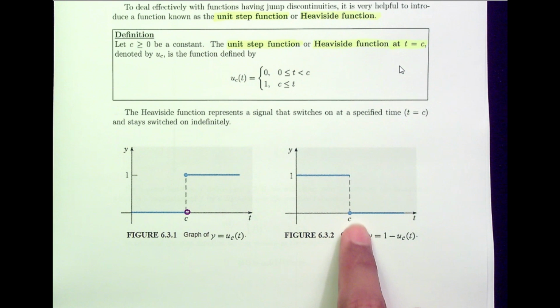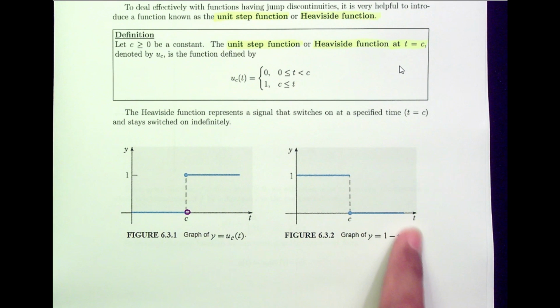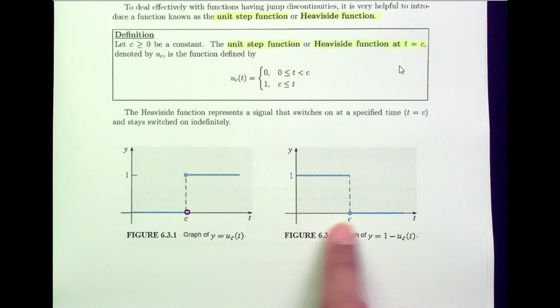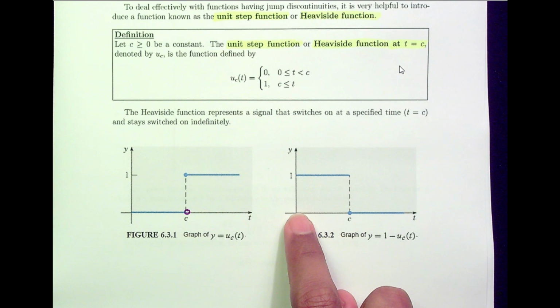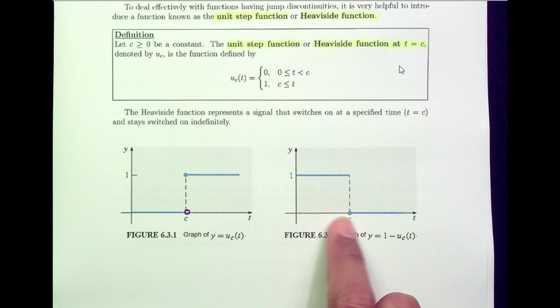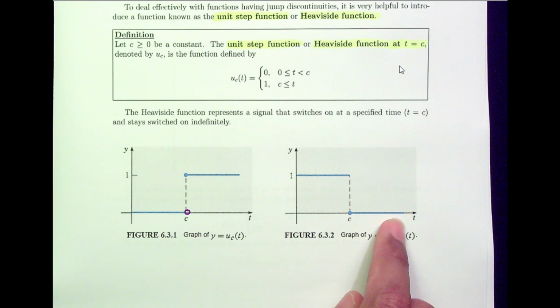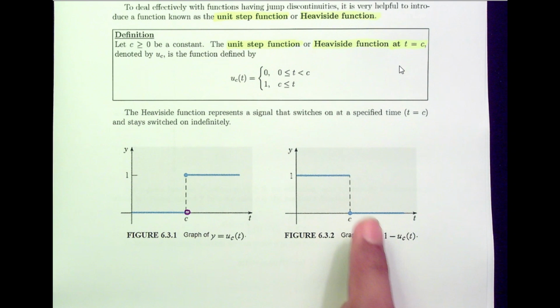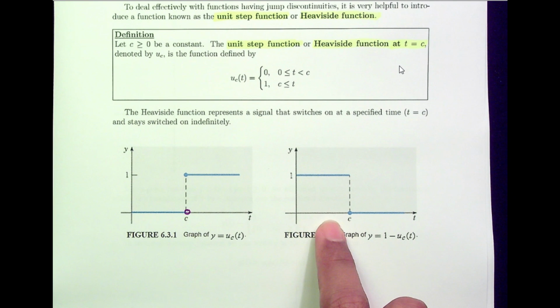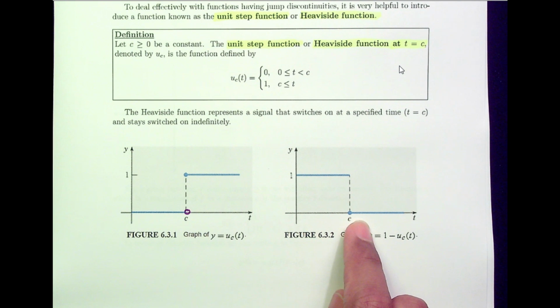So after c, this is going to be 0. So the function 1 minus u_c has this graph. It is 1 between 0 and c, but not including c. And then it is 0 starting at c. So it's like the opposite. This one starts on and then switches off at t equals c.